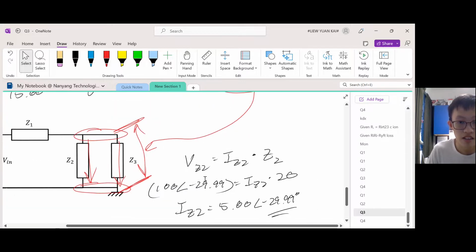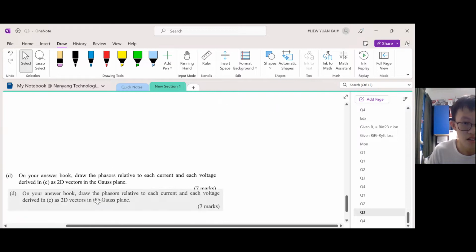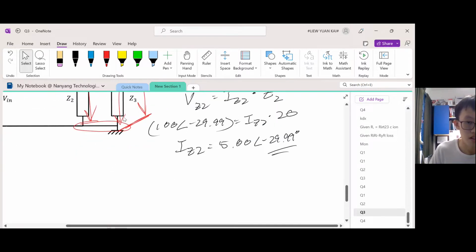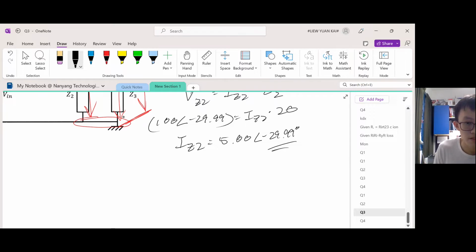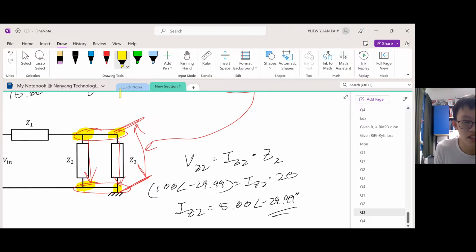And we can also find I of Z3 similarly. V of Z3 is equal to I of Z3 multiplied by Z3. This is just Ohm's law. And then remember, it's still the same potential difference. So the potential difference across Z2 is the same as the potential difference across Z3.